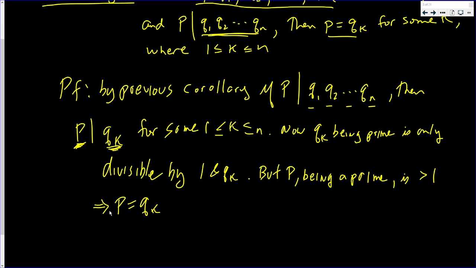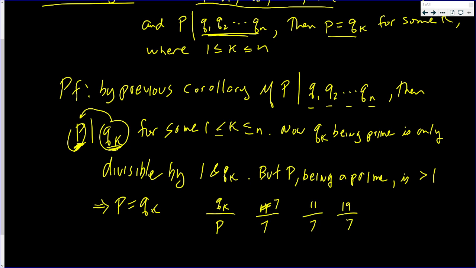It can't be that this here is 2 times P. P can't go into Qk unless P is Qk. 7 can go into 14. But 7, if it's going to go into a prime, it has to be itself. 7 doesn't go into 11, which is prime. 7 doesn't go into 19, which is prime.